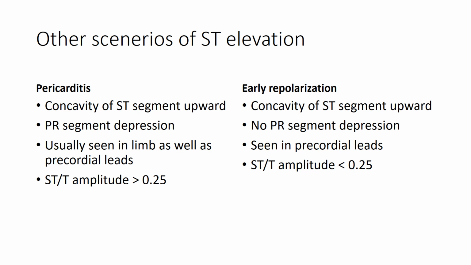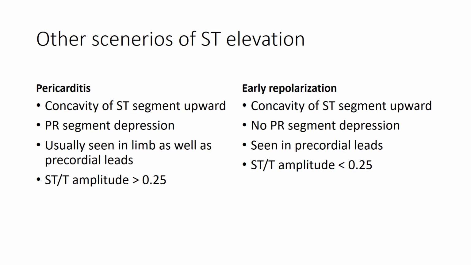The difference is that in case of pericarditis, there is PR segment depression in all the leads which are showing ST segment elevation, and this is reversed in lead AVR, in which there is PR segment elevation as well as ST segment depression. These are the findings for a patient with pericarditis.